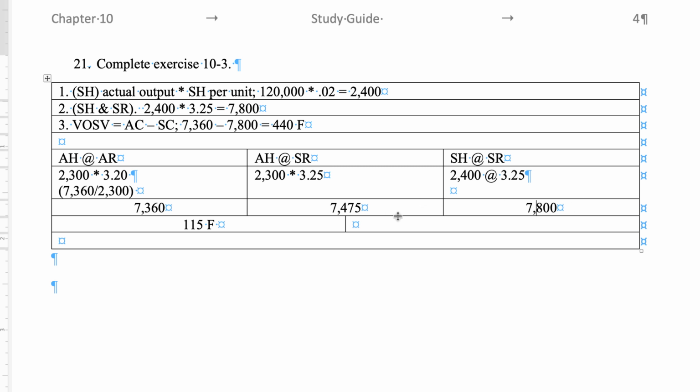I like looking at the chart and seeing everything visually in front of me. So I'm going to take the difference between the actual hours at the standard rate and the standard hours at the standard rate, which ends up giving me a difference, 325. I am favorable. So if I add 115 favorable to 325 favorable, that adds up to my answer for number 3.